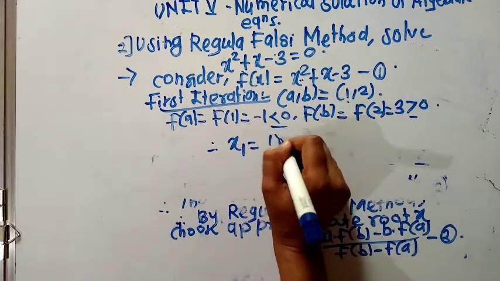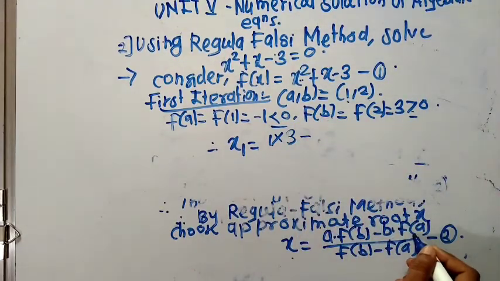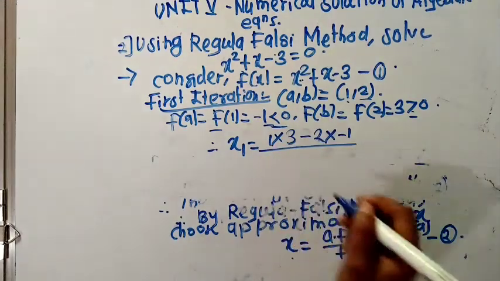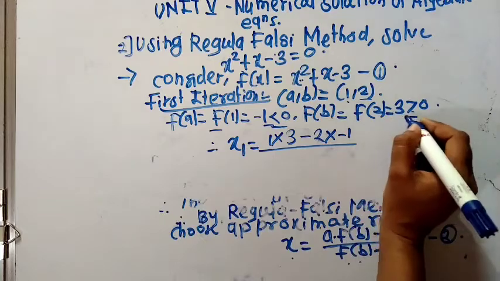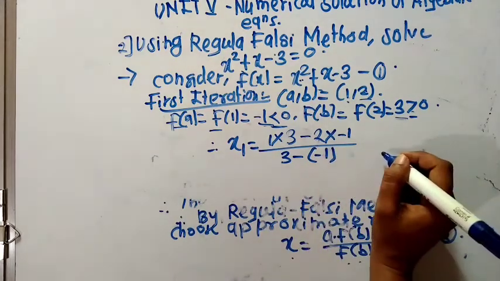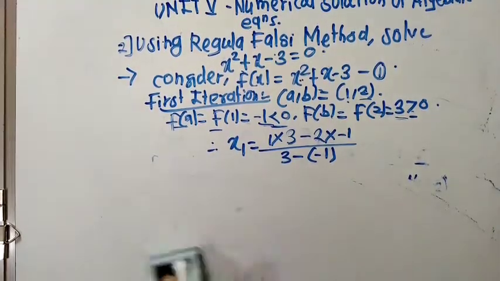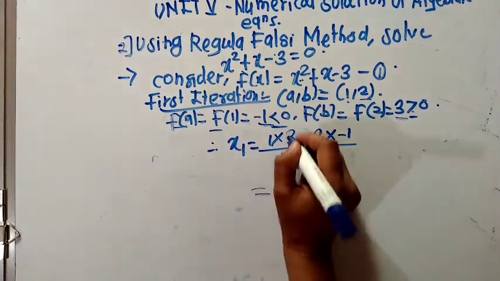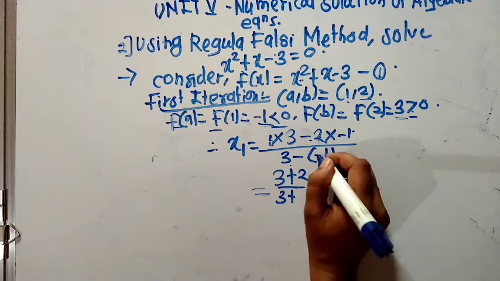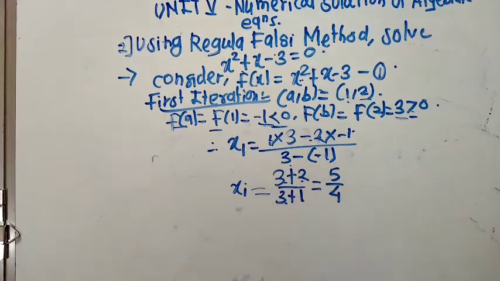So a is 1 into f of b is 3, minus b, which is 2, into f of a, which is minus 1, divided by f of b minus f of a, which is 3 plus 1 is 4.